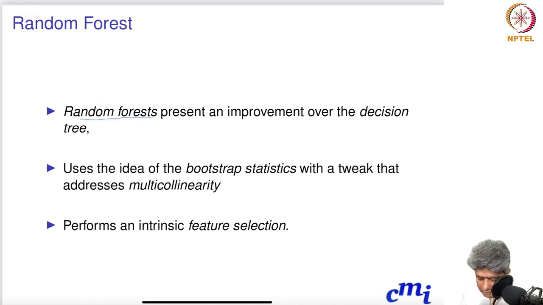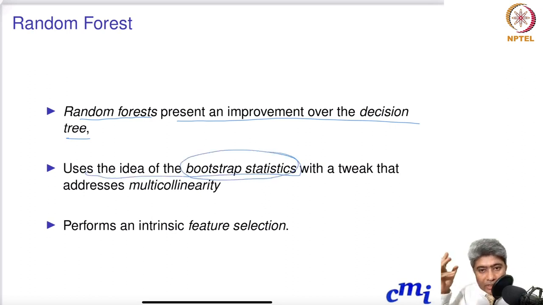The random forest presents an improvement over the decision tree. It uses the idea of bootstrap statistics, which we discussed earlier, with a tweak that addresses multicollinearity. It's a beautiful algorithm. I have seen many algorithms, but random forest is one of those very close to my heart.